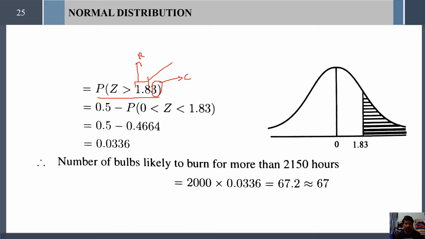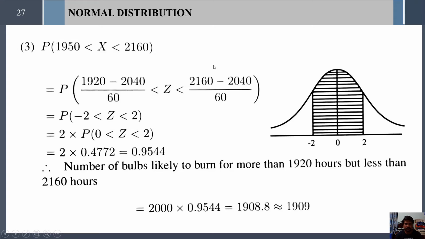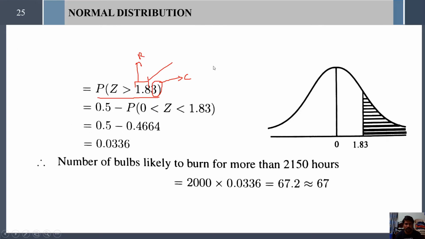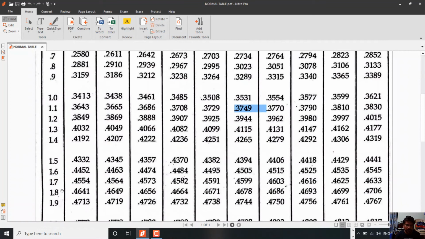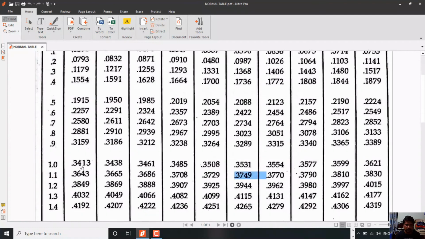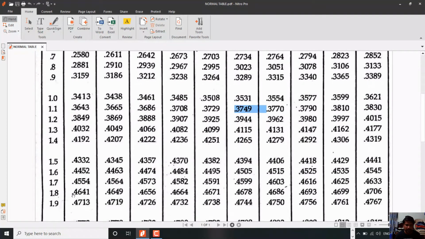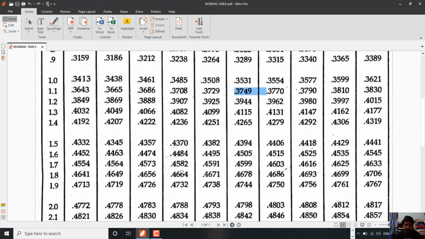The first column is the 0th column, then first, second, third column. So the value is 0.4664, the required value for this problem.